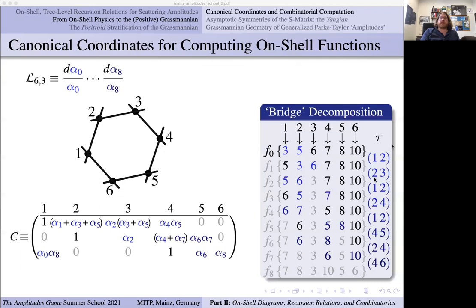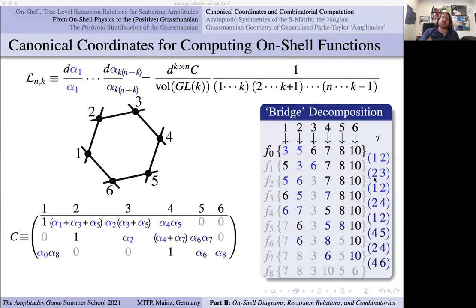And in general, it turns out that the sequence of bridges starting from a generic permutation all the way down to a 0-dimensional cell gives you this. And so this is one way of connecting what's called the positroid stratification of the Grassmannian as somehow residues or something like that of this volume form.